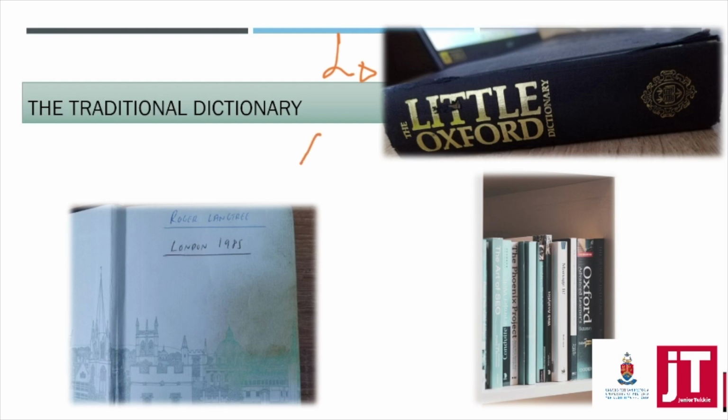For my reference, I actually used my father's old dictionary. He grew up in a town called Essex in England, and he had to carry it around every day. And so he wrote his name in it later on, London 1985. Which means that this bad boy is 40 years old.